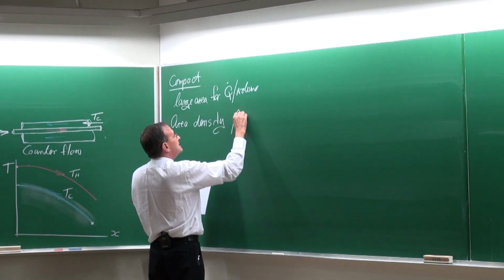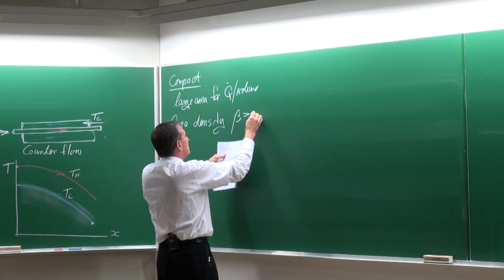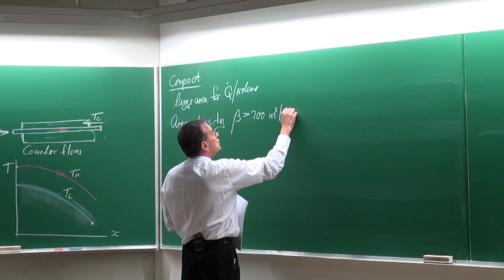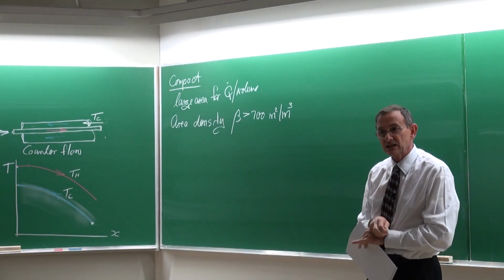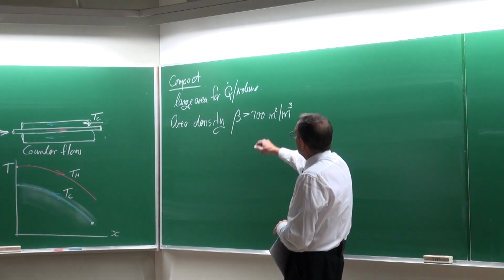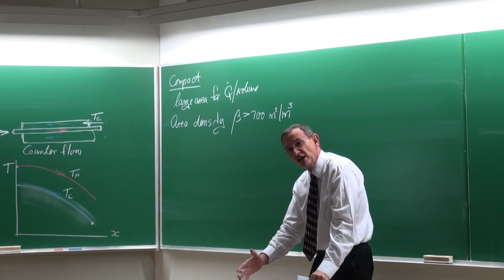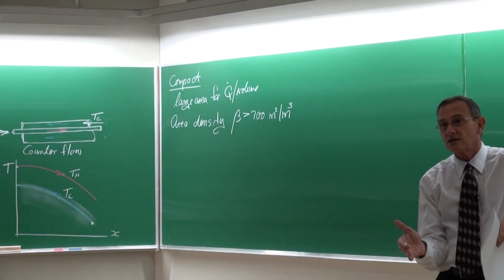Now, a compact heat exchanger, there's sort of a definition for it, which is called the area density. The area density beta. Now, if the area density beta is larger than 700 square meters per cubic meter, then it is considered as a compact heat exchanger. So think about this. In 1 cubic meter volume, the heat transfer area is 700 square meters.